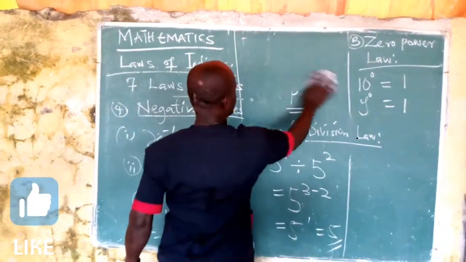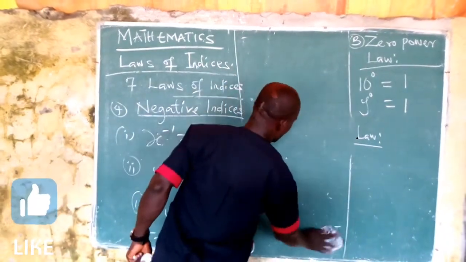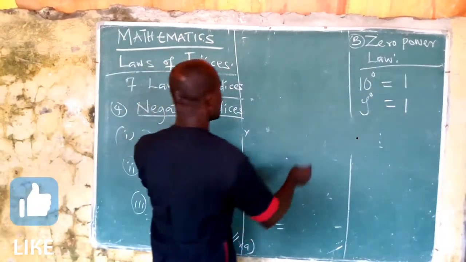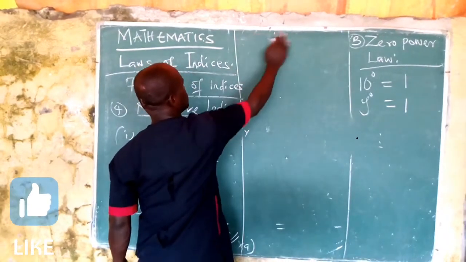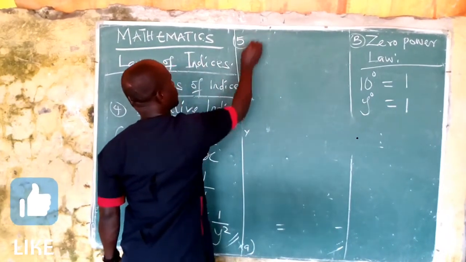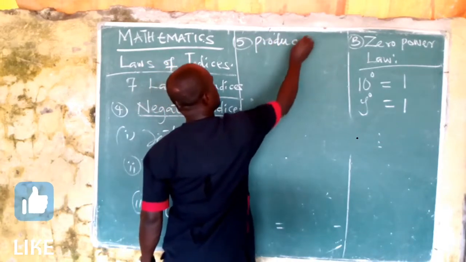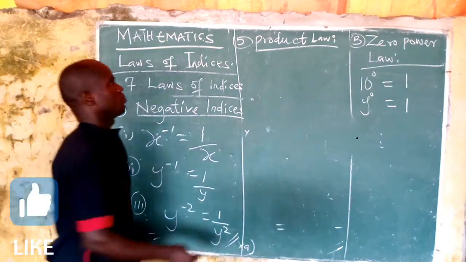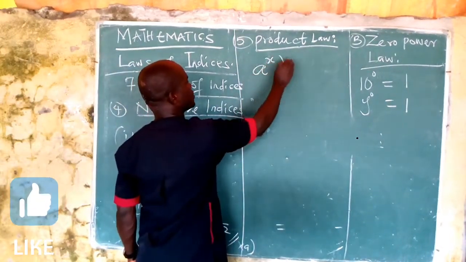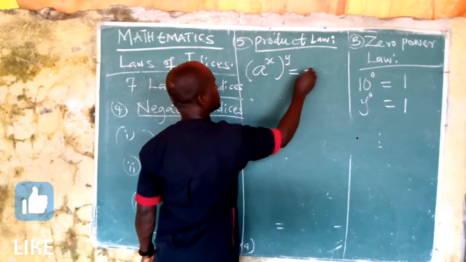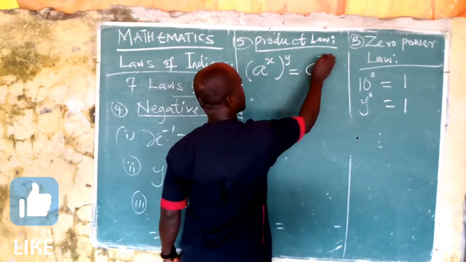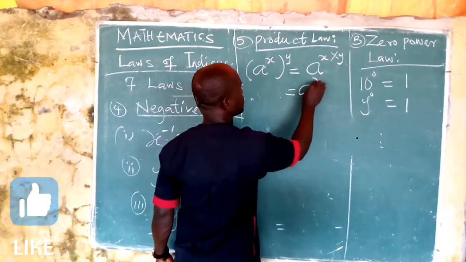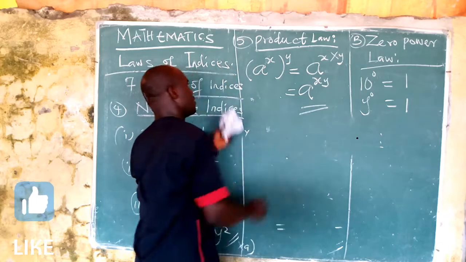That is law number 4. The fifth law is what we call the product law. Remember, another name for product is dots. This one says if I have a raised to power x all raised to power y, it simply means a raised to power x times y, that is a raised to power xy.